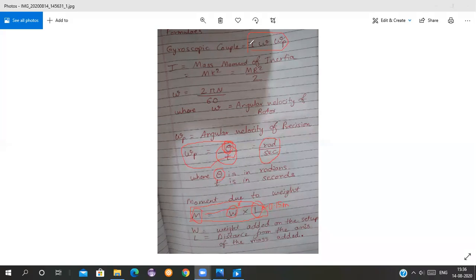Then there can be some vibrations, and because of those vibrations also there can be errors. So there are some experimental errors because of which there can be some difference in the values. So it is 1.07 versus 1.47, some differences. When we do the actual practicals, we will study that in more detail.